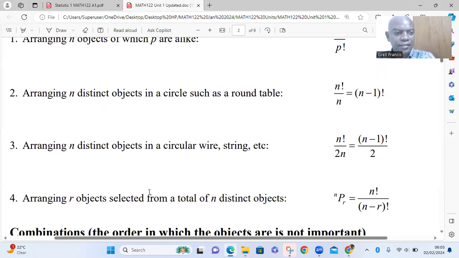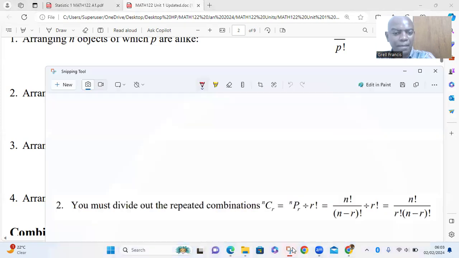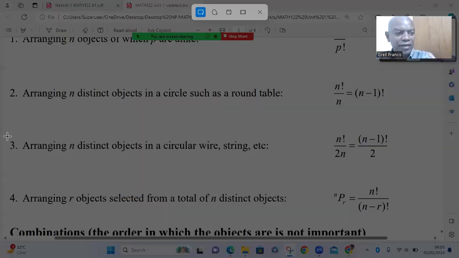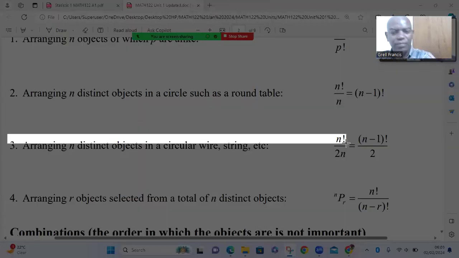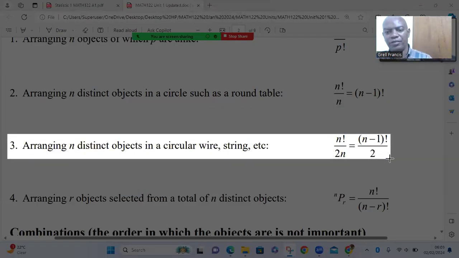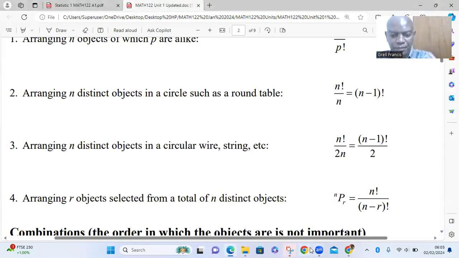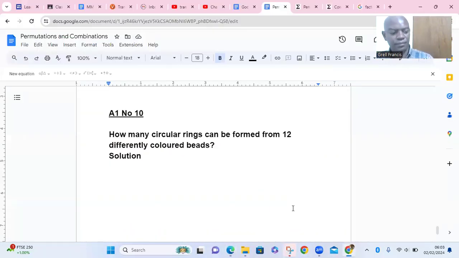And here it says arranging distinct objects on a circular wire string is n factorial over 2n. In the previous recording, we justified the rationale for this formula, the proof thereof. So that's what we're going to use.